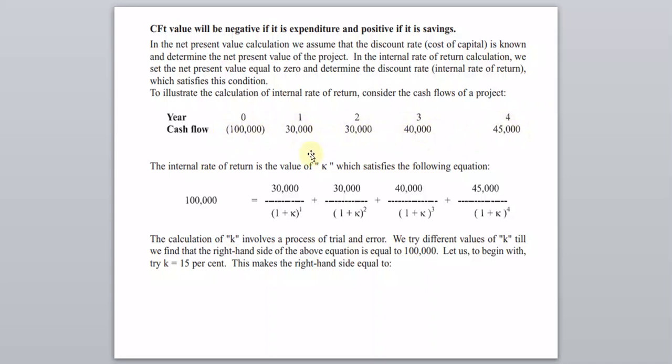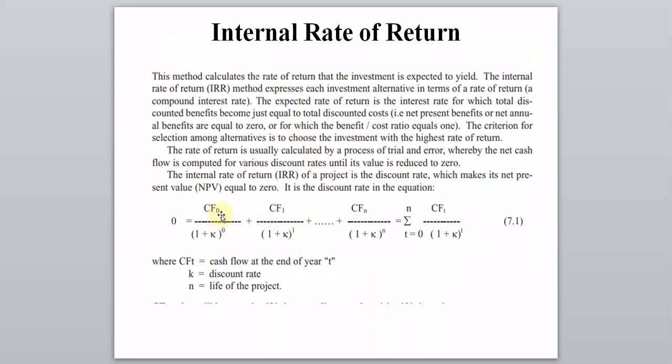Now we have to equate the cash flow of year 0 in the net present value formula. So just write it here: 1 lakh equals to, this is the cash flow of year 0, so this will be the cash flow of year 1. So now here CF0, CF1 and up to CFN.